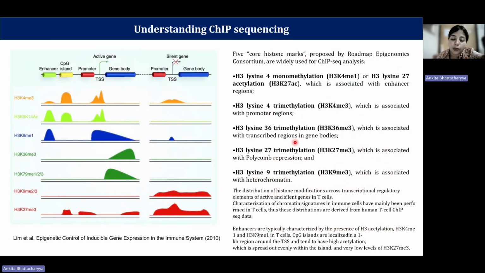Now, these are the different types of histone marks, like I had already mentioned in the previous class, where you have histone modifications being a very crucial sub-branch in the context of ChIP sequencing and analyzing ChIP-seq data. So you have H3K4 monomethylation, H3K27 acetylation, H3K4 trimethylation, H3K36 trimethylation, H3K27 trimethylation, and H3K9 trimethylation.